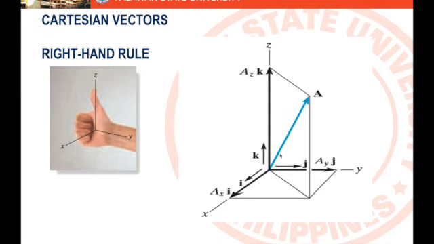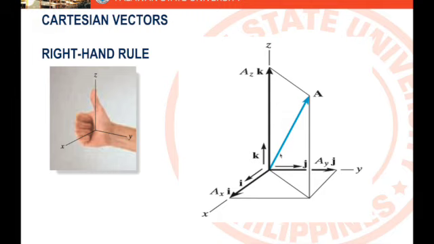In order to find that magnitude from the origin, we need to take a measurement equivalent to A sub x in the x direction.